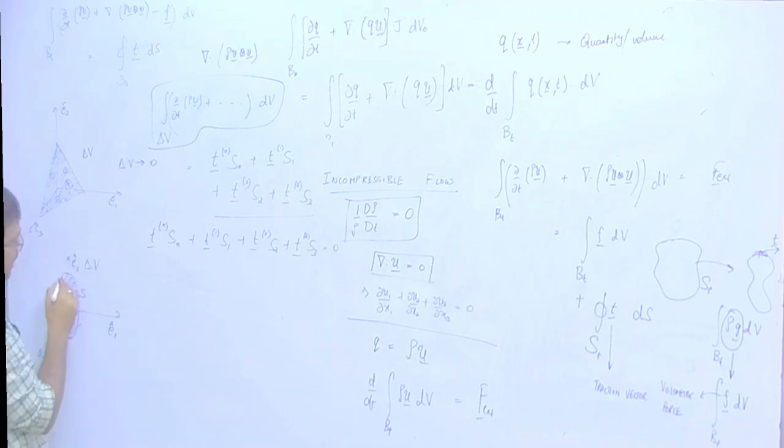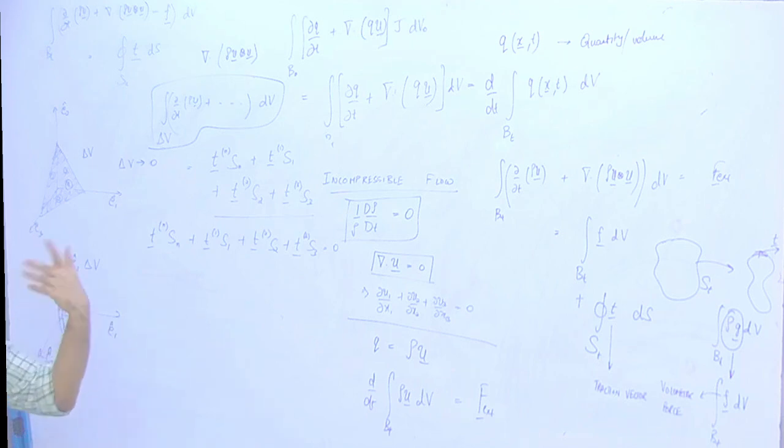What happened to the surface traction on this part, on the lateral surface? So in the limit delta V going to 0, I am making that disk infinitesimally thin. So the area of that lateral surface is going to 0. That is how I am driving the volume to 0.